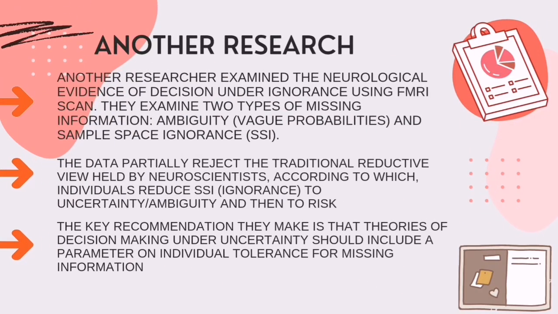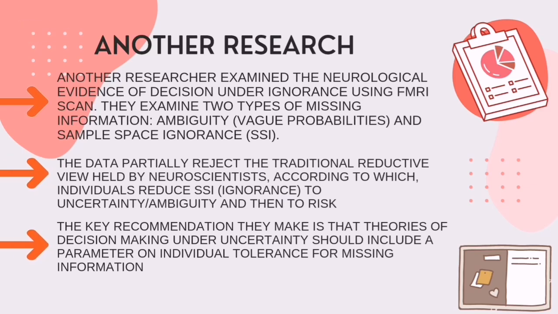Another researcher examined the neurological evidence of decision under ignorance using fMRI scans. They examined two types of missing information, which are ambiguity, or vague probabilities, and sample space ignorance (SSI). They found that different types of missing information activate distinct neural substrates in the brain. The data partially reject the traditional reductive view held by neuroscientists, according to which individuals reduce SSI to uncertainty or ambiguity and then to risk.